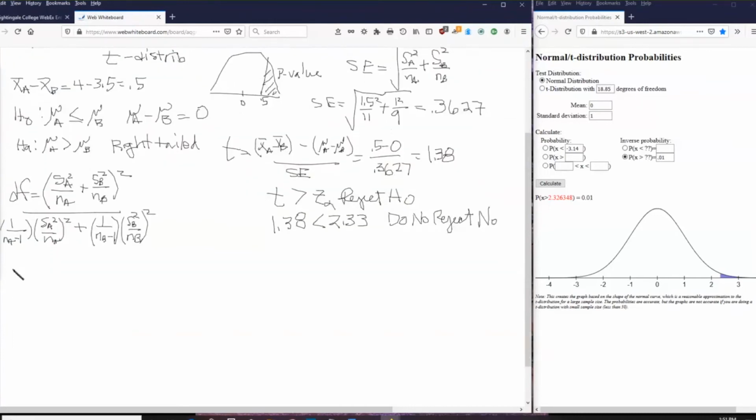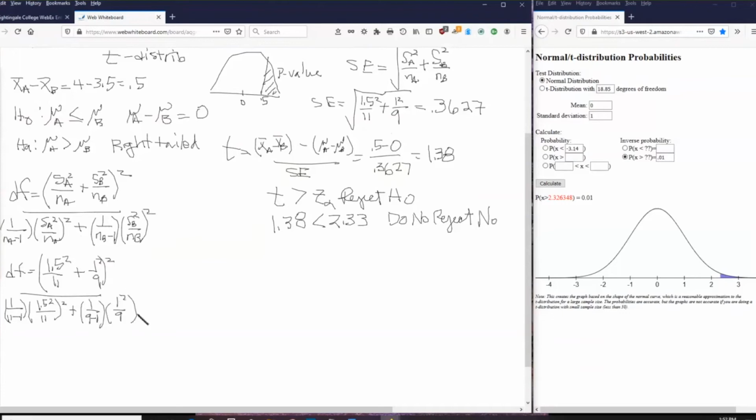And then when I plug in those numbers, that is going to give me 1.5 squared over 11 plus 1 squared over 9, quantity squared, divided by 1 over 11 minus 1, all over 1.5 quantity squared divided by 11, this quantity is going to be squared, plus 1 over 9 minus 1, and then this is going to be 1 squared over 9 quantity squared.